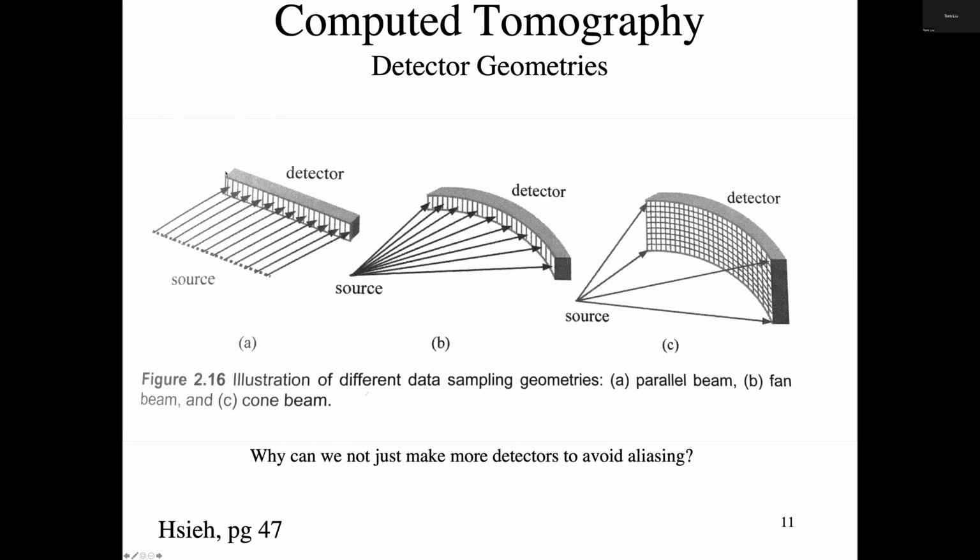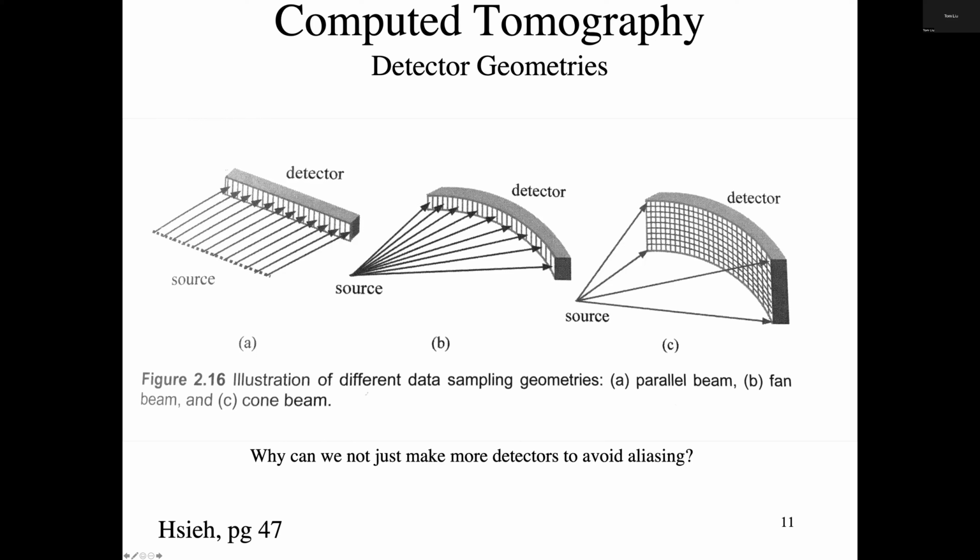One, I can have a single detector element that tracks with the source and just measure what the transmission is between the source and the detector. Or if the mechanics of that becomes horribly difficult to achieve, I can just move the source quickly and have a set of detectors already in place. And this is the way CT scanners work now. You have a set of detectors that are just sitting there in place, and you have a lot of them, right?